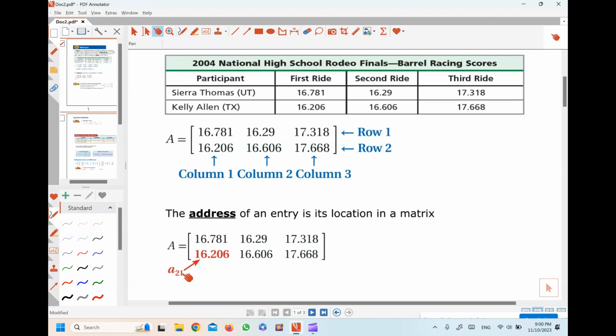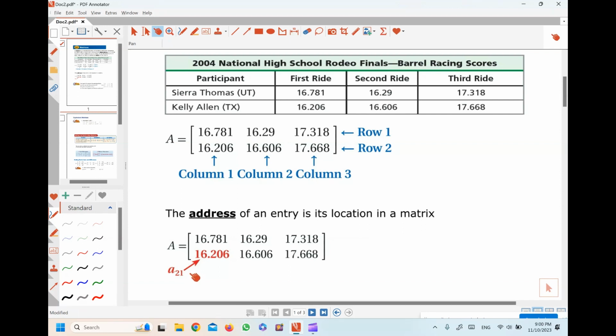So when expressing the dimension of the matrix, number of rows always comes first. So we read this as A sub 2 by 1.